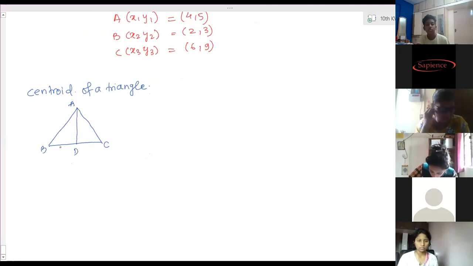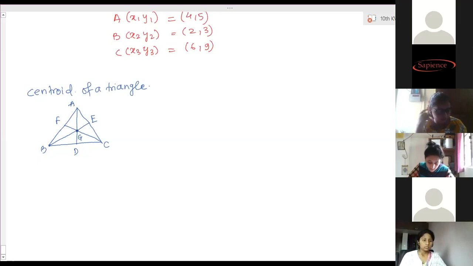So median AD, median BE, and median CF. They meet at one point. That point is called centroid and given the letter G. One more specification of this centroid is that it is the circumcenter.